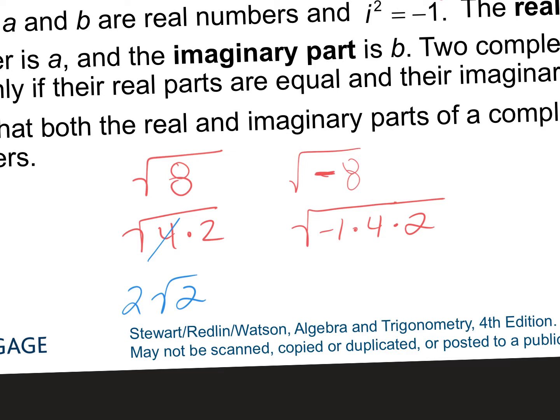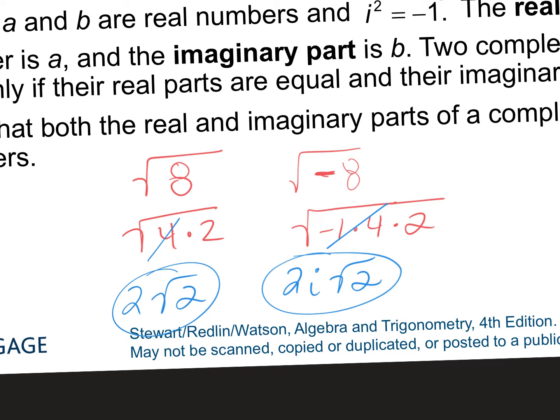So when you break down the square root of negative 8, you bring out the 2, but you also bring out an i, root 2. Do you guys see the difference between a real square root of 8 and the imaginary square root of negative 8? There is a huge difference between real and imaginary. If you forget the i, it changes it from one thing to another. So it's very important if you have an imaginary number that it has an i with it.